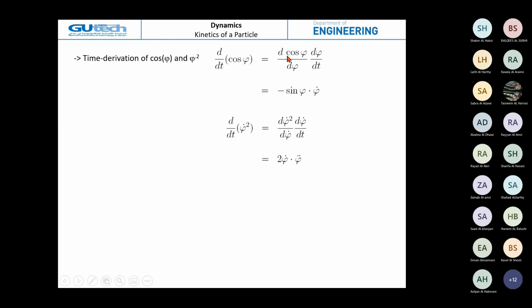That means we differentiate with respect to phi, and then phi with respect to the time t. Then we have d cosine phi over d phi multiplied by d phi over dt. The derivative of the first term gives only minus sine phi, and the second term will be only phi dot.